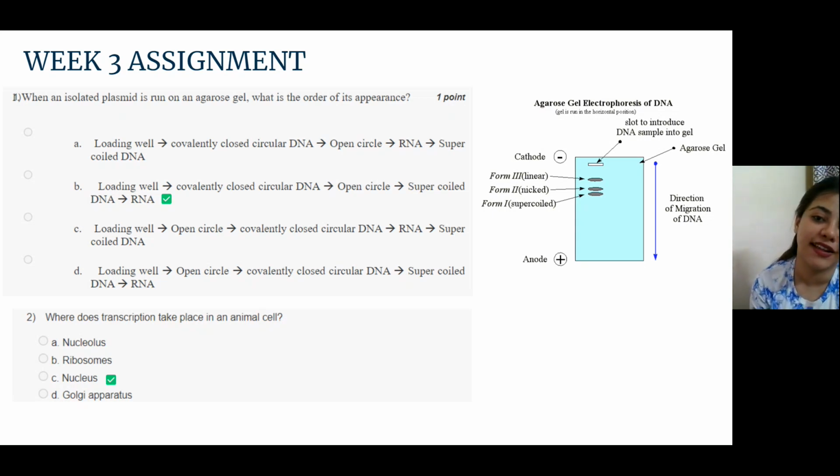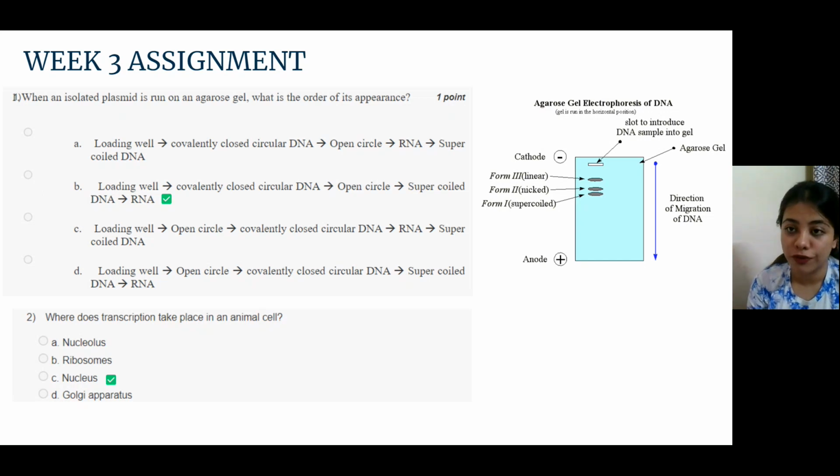Despite that, there is still a possibility, and it's usually observed as shear genomic DNA. The same is true for RNA, where you can get sheared RNA, very tiny pieces of RNA, so their size is small and therefore they migrate the fastest through the gel.